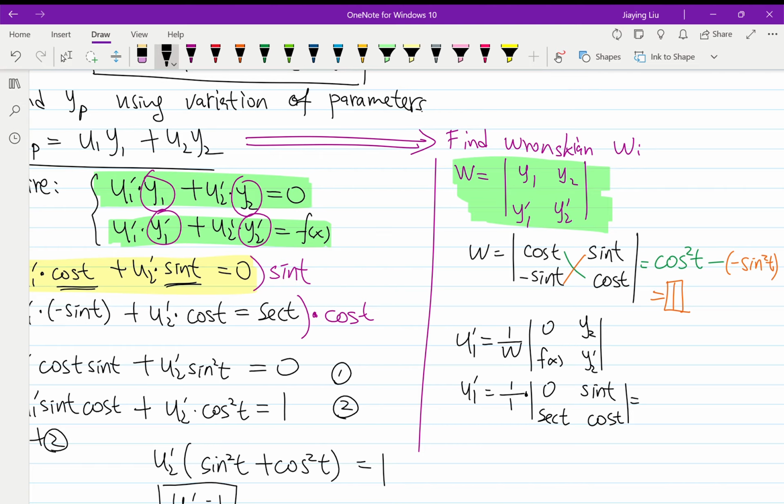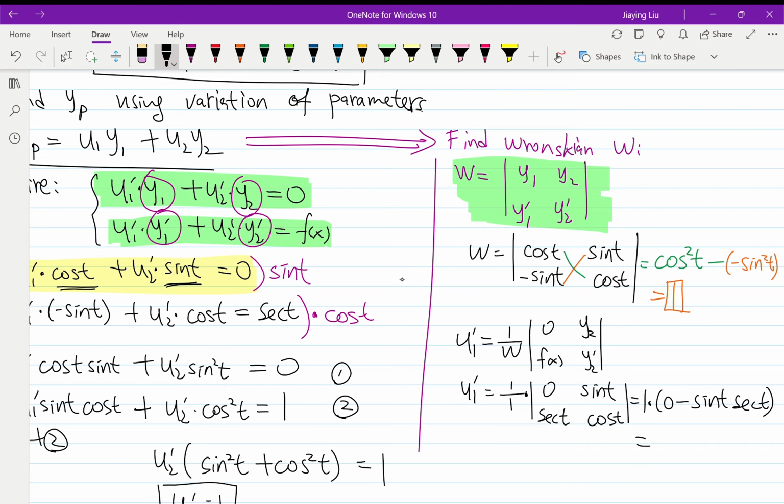If we take the determinant of this matrix and multiply with 1, it's just 0 times cosine t, that's a 0, minus sine t secant t.